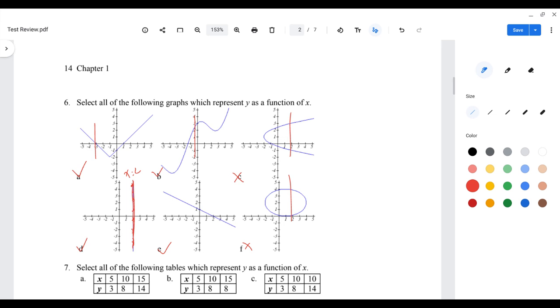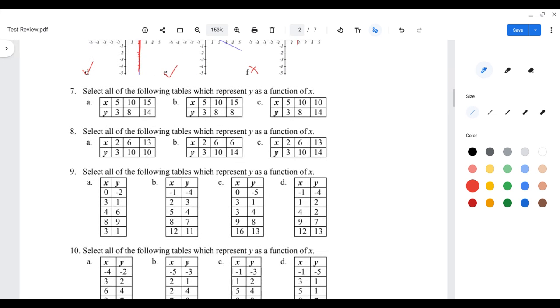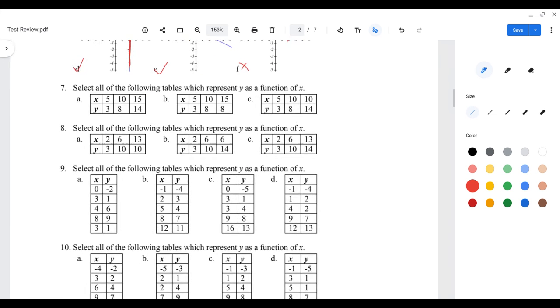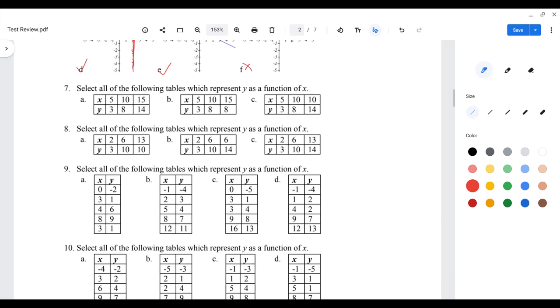Okay, let's take a look at number 7, 8, 9, 10. They are all tables. So like I said, every single x should have a unique y, only one y. So here, basically if you look at the table, all you have to see is if you all have different x's, it works. If I have multiple same x, it's wrong.